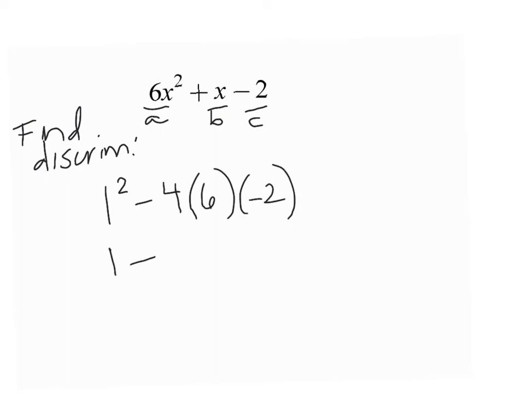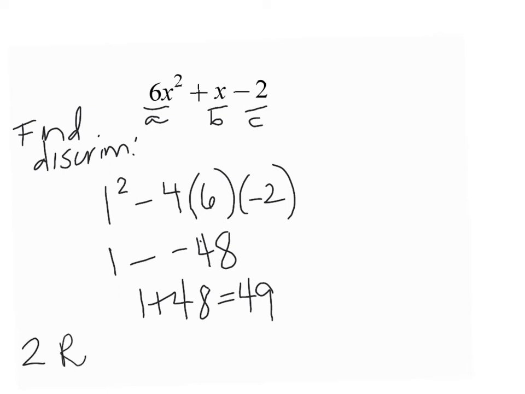So I get 1 minus a negative 12 times 4 is 48. Now look at minus a minus. Okay, so I got 49. What does this tell us? It means that there are two real roots.